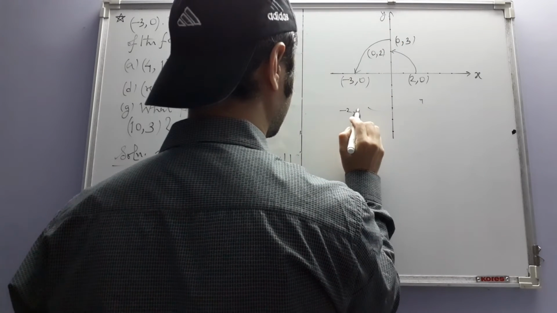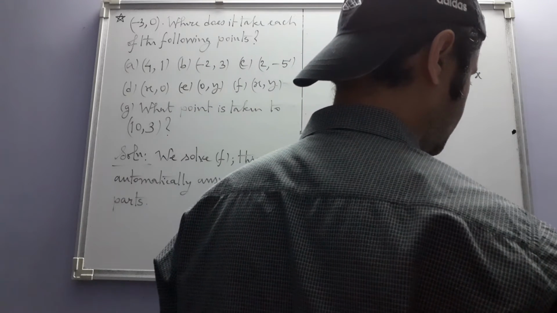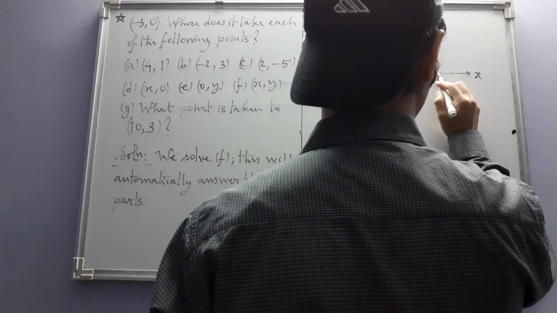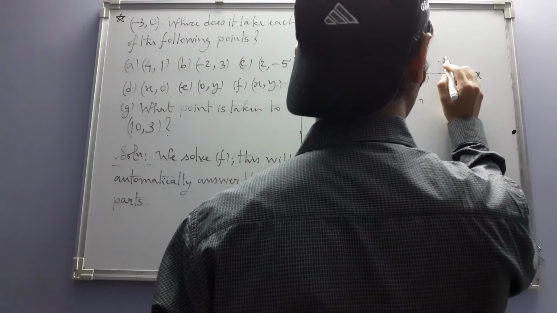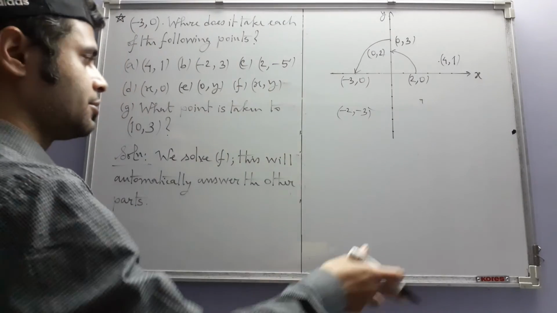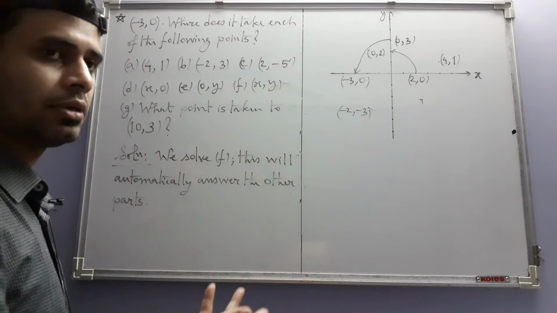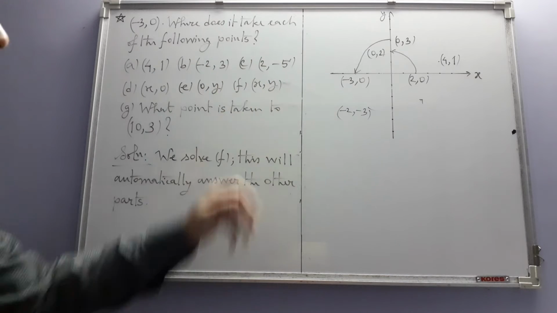We don't yet know where, we have to find out. Like that we have 4 comma 1. That point is also taken to some point, so these are the points we have to find their final position after that rotation.